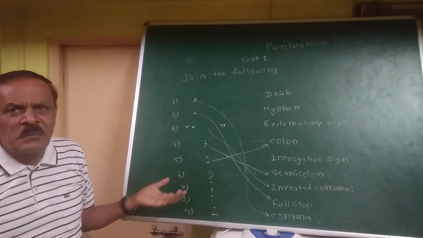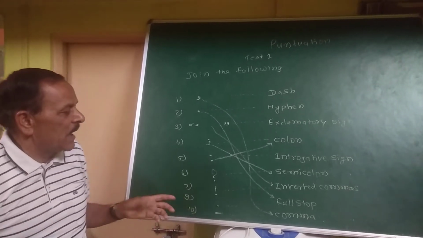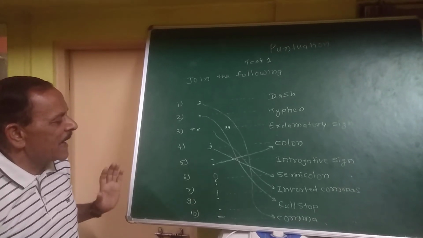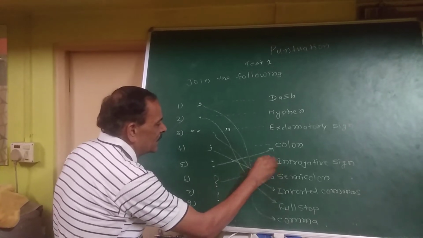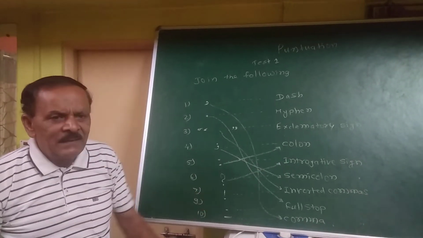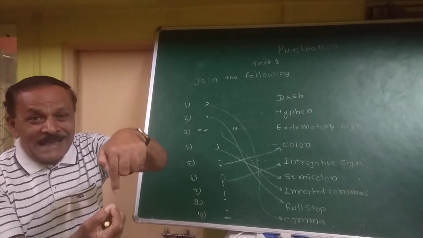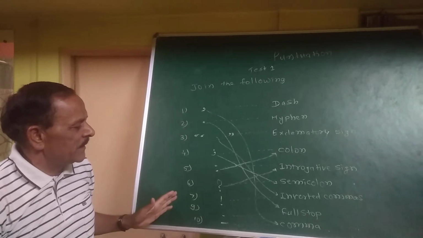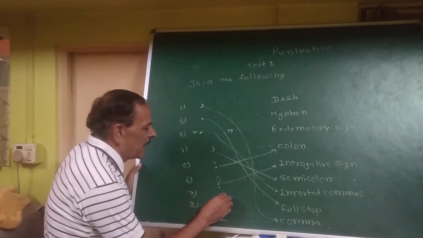Then this is very simple. Question mark. Or may be called an interrogative sign. Here it is. Then I said that one vertical line and one dot, that is exclamatory sign or mark of exclamation. Exclamation. So here.